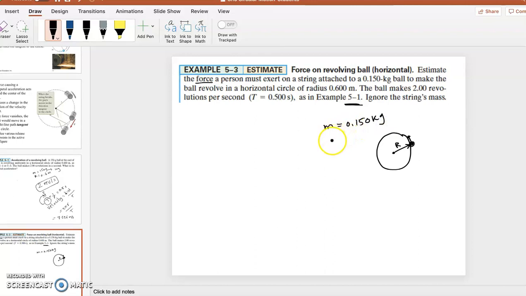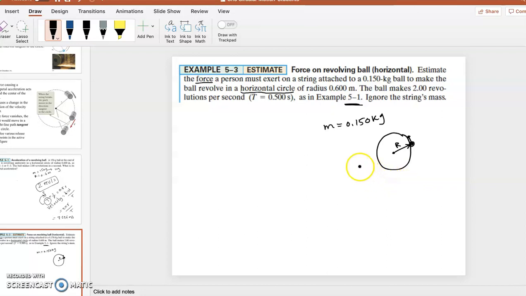And he wants the force that must be exerted to revolve it in a horizontal circle. You see, there is a horizontal circle. So when you are looking at this circle, it's not vertical. You have to understand this is horizontal. It's just a circle moving, for example, on a table surface. It's horizontal, not vertical.